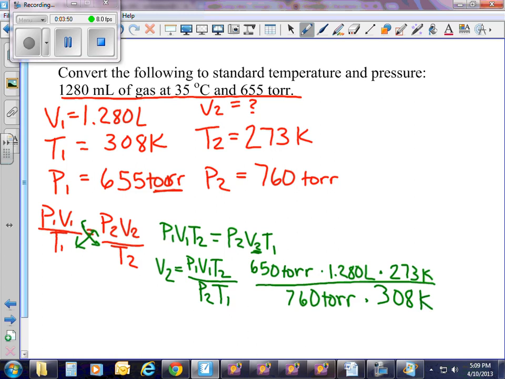Looking at this, torrs cancel out, Kelvins cancel out. We're good to go. When you plug this into your calculator, take the top, multiply it all together, hit enter.